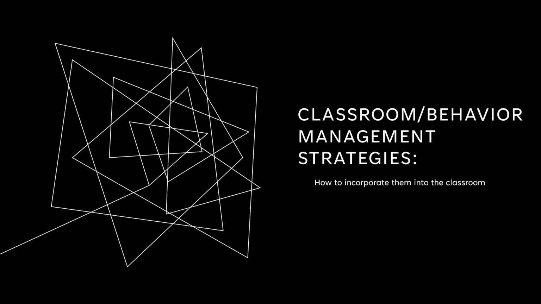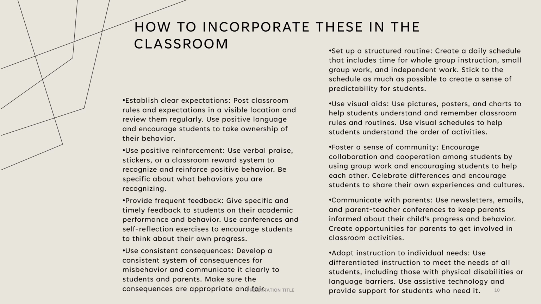Now we're going to move on to how to incorporate these into the classroom. Number 1, clear expectations. We're going to post classroom rules and expectations in a visible location and review them regularly. Use positive language and encourage students to take ownership of their behavior.